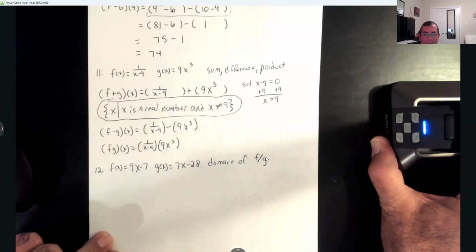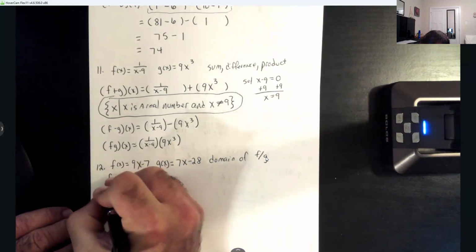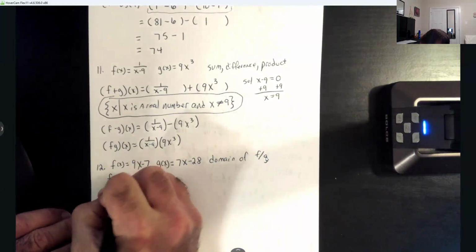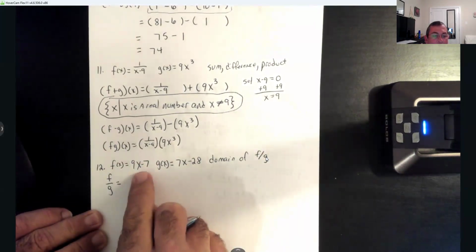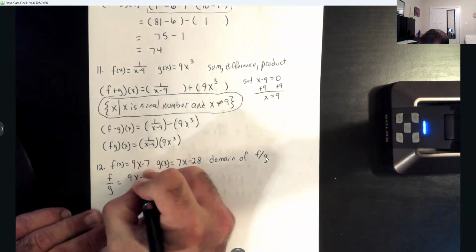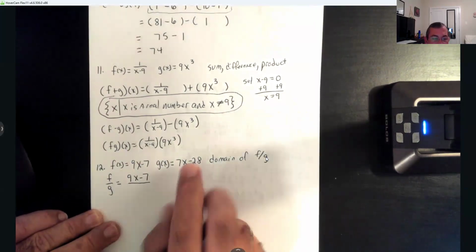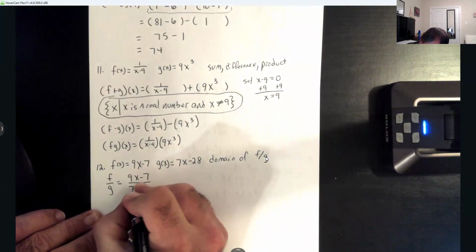So, f divided by g is going to equal my f equation on top, which is 9x minus 7, over my g equation, which is 7x minus 28.